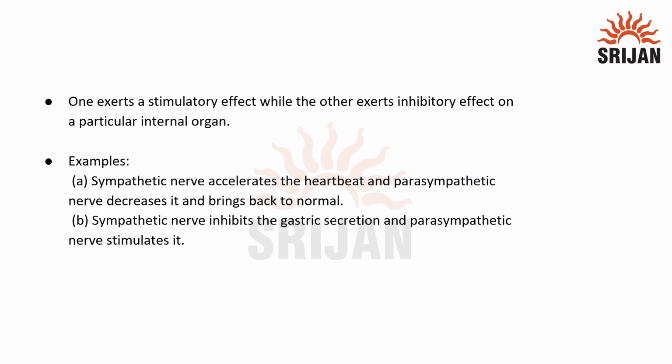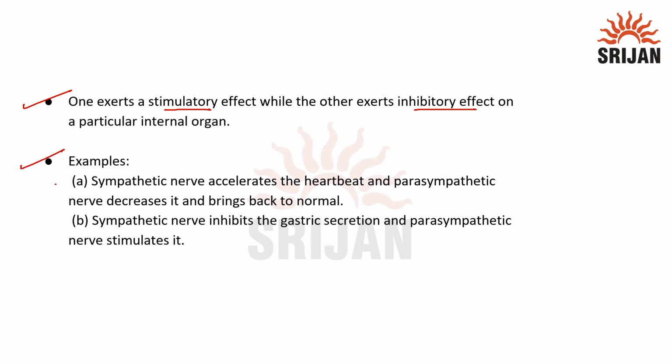Here we are going to see an antagonist effect of the sympathetic and parasympathetic nervous systems. One exerts a stimulatory effect, whereas the other exerts an inhibitory effect on the same particular internal organ. Let's take an example to get this clear.